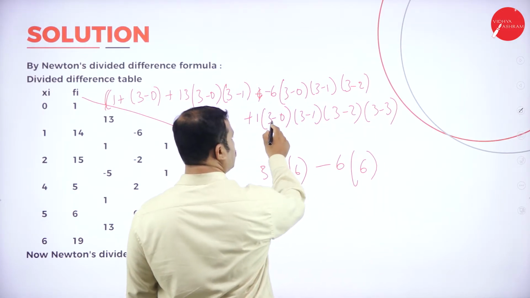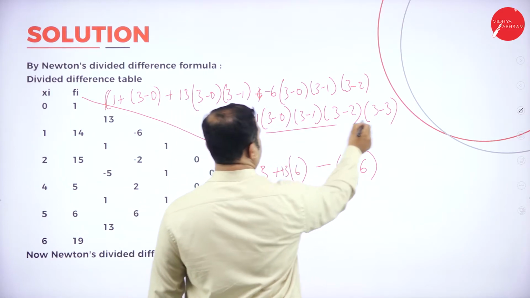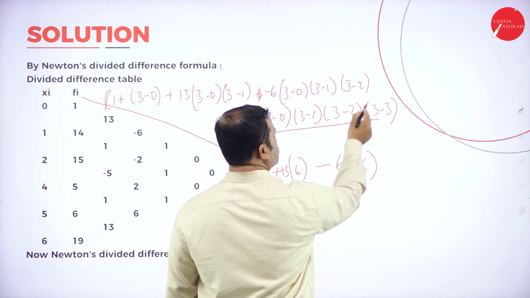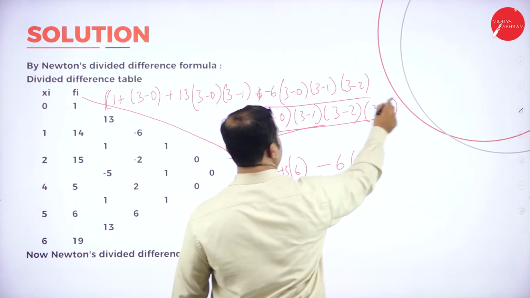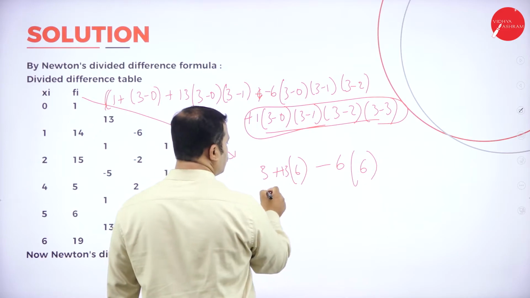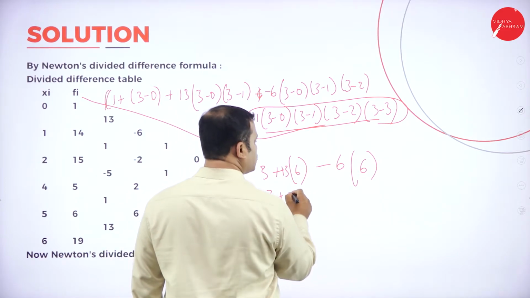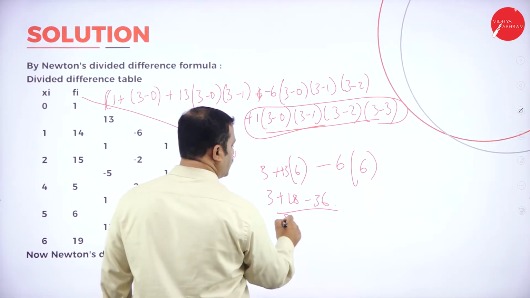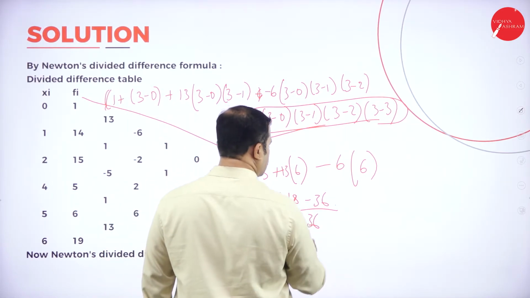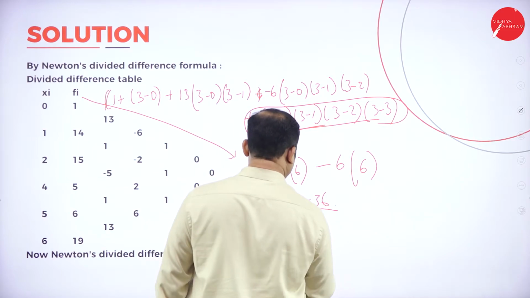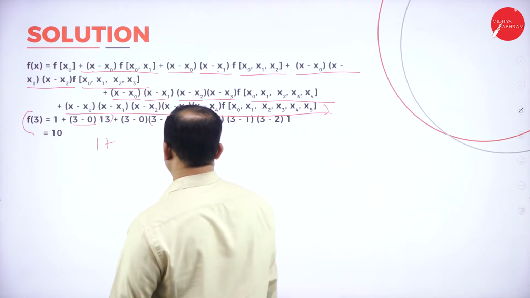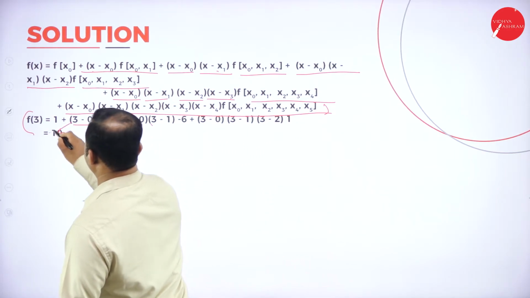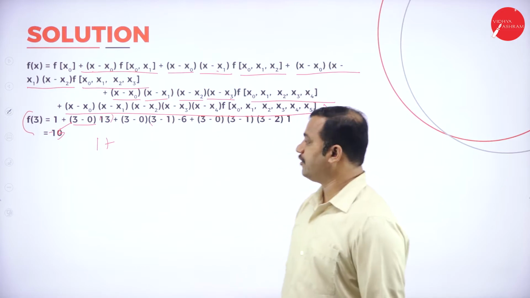Plus we have 1 into 3 minus 3, which is 0, and 0 into anything becomes 0. So we have 3 plus 18, that is 21, minus 36. That is 21 minus 36, that is minus 15. So what is the value I am going to get? It has to be minus 15 here for the value of f of 3.